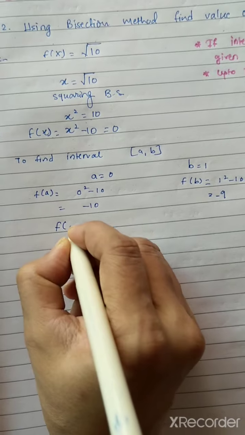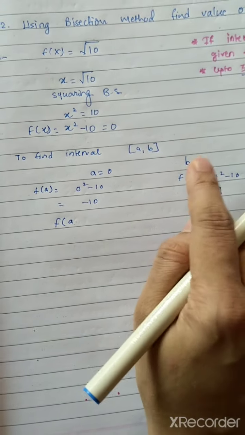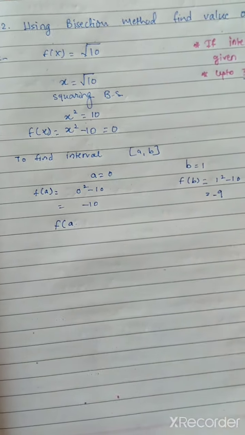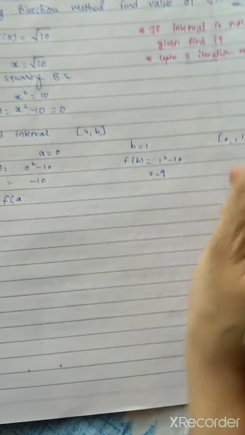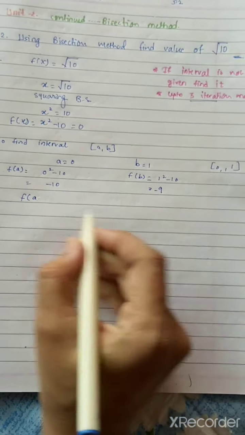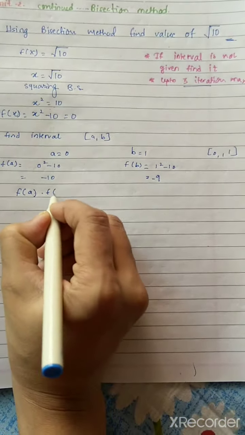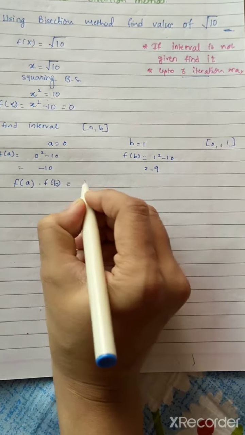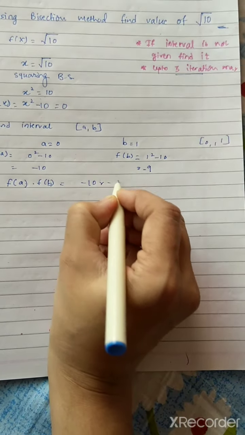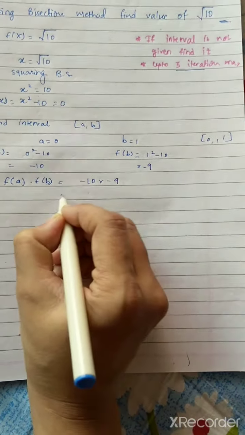Now what was our condition? If we consider the interval 0 comma 1, f of a into f of b will be minus 10 into minus 9, that is equal to plus 90, right?